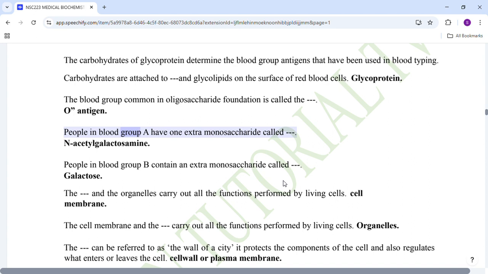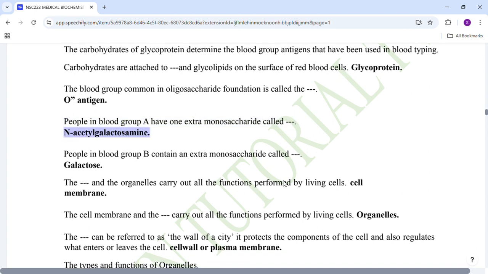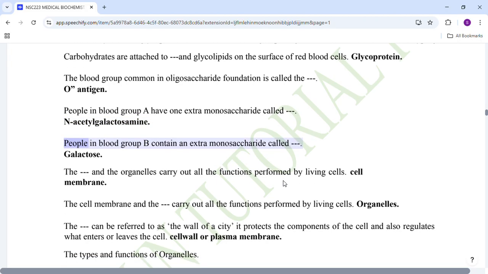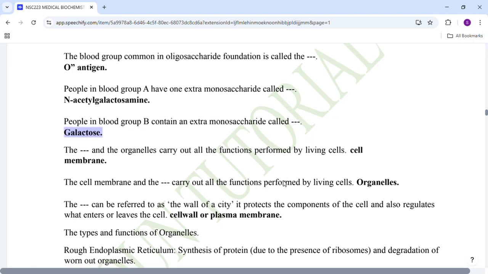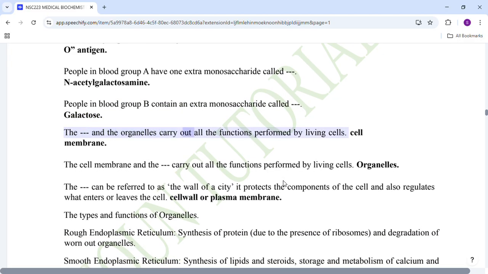People in blood group A have one extra monosaccharide called N-acetylgalactosamine. People in blood group B contain an extra monosaccharide called galactose.